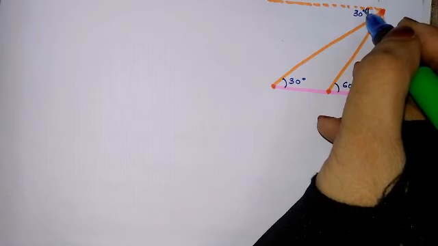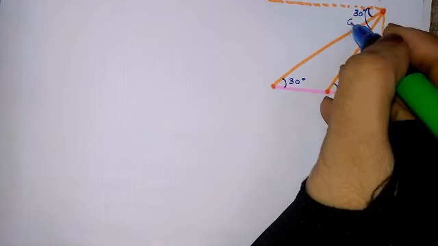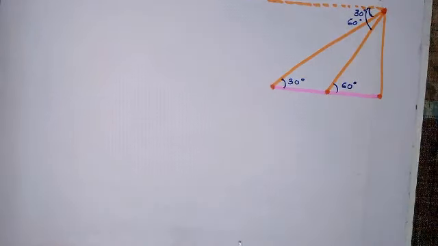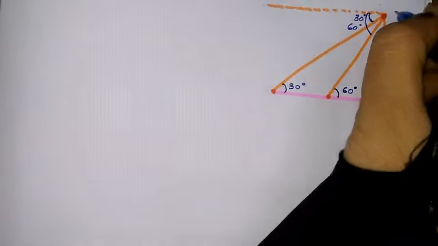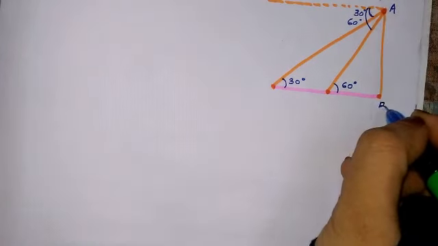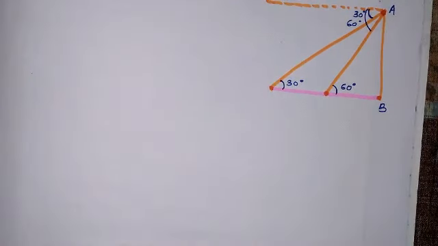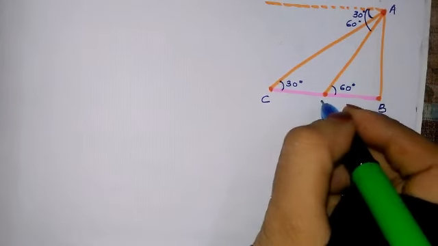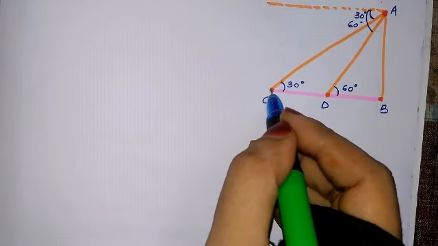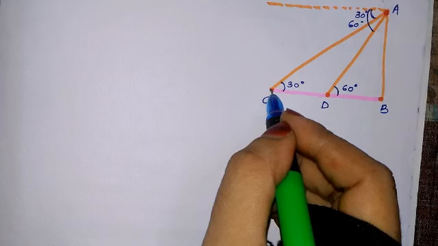For example, I will write A, B and now we will give some points here, C, D. First the car was in this position, the initial position of the car.